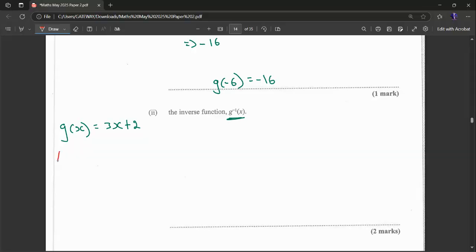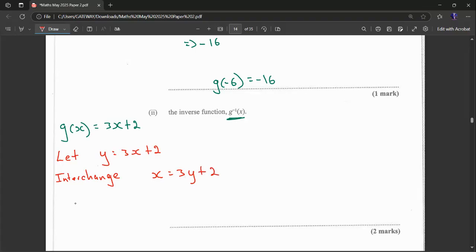So step 1 would be to let y be equal to 3x plus 2. In other words, I'm replacing g of x with the letter y. The next step would be to interchange the y and x. Interchange the variables. So when I interchange, I now have x is equal to 3y plus 2.